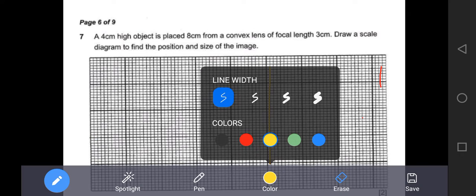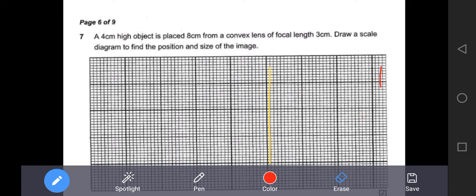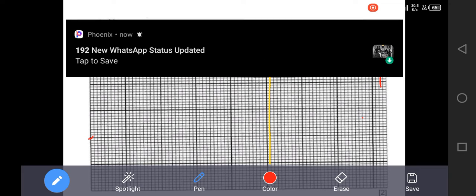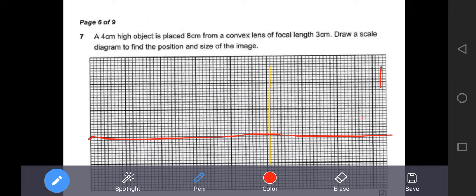So your object is somewhere here, and you draw the downward part. Then they have said what the length of the object should be. It should be 4.